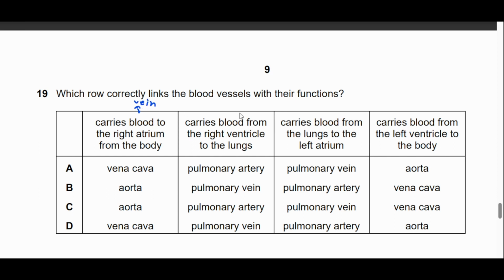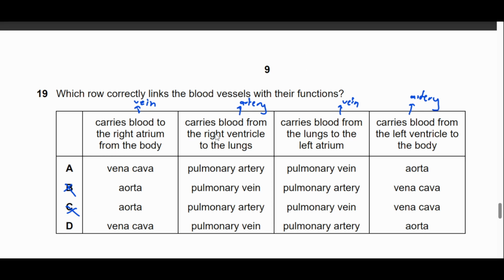From the right ventricle to the lungs, it's an artery going away from the heart. From the lungs to the atrium would be a vein. From the ventricle to the body would be an artery, right? So there's two veins and two arteries. Between vena cava and aorta, which one is a vein? Vena cava is the vein, so therefore B and C are wrong, right?